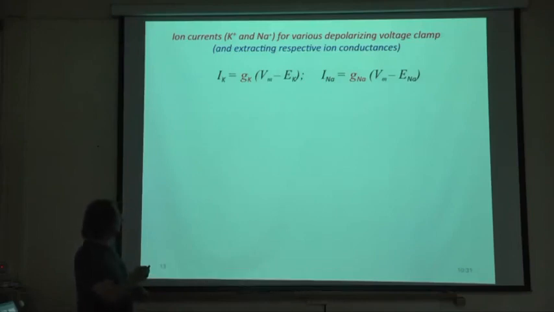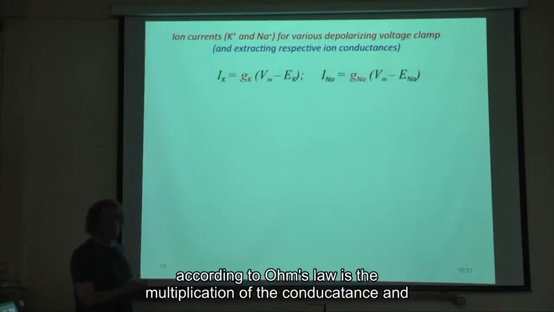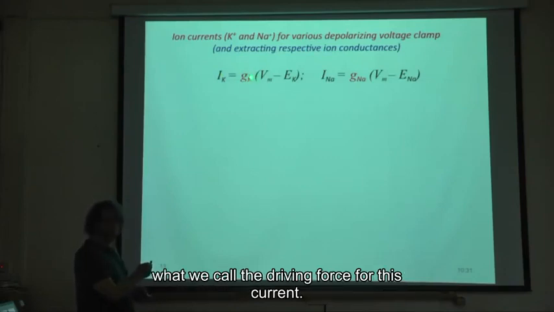Why? Because remember that we already spoke that any ionic current, according to Ohm's law, is the multiplication of the conductance and what we call the driving force for this current.